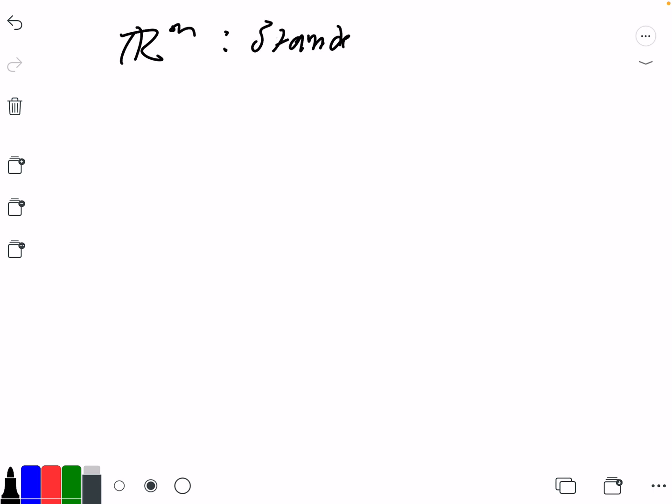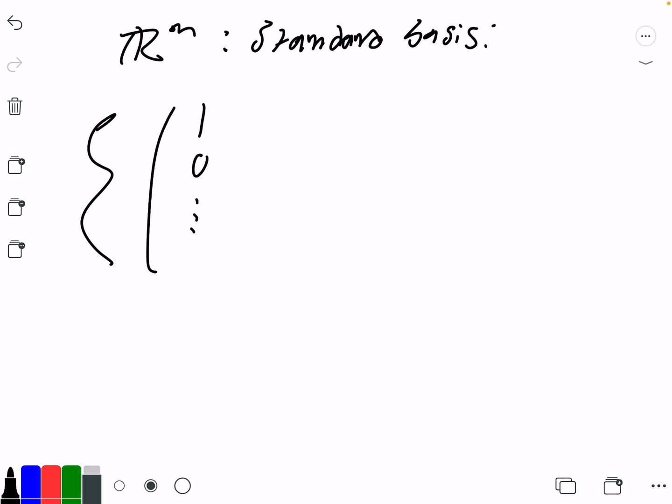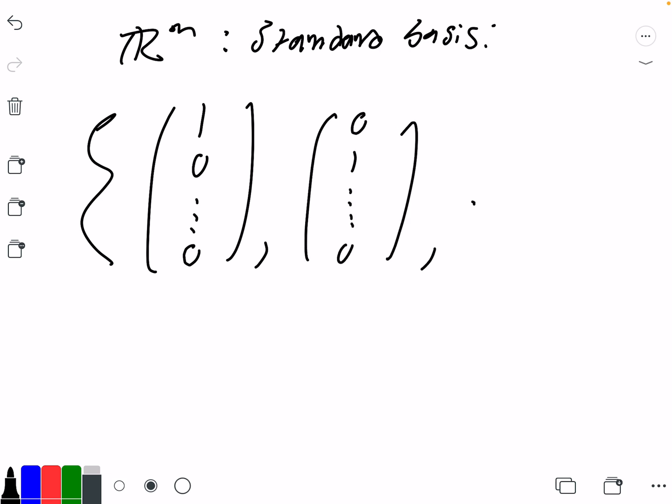The standard basis is going to be the set (1, 0, 0), (0, 1, 0), and so on.